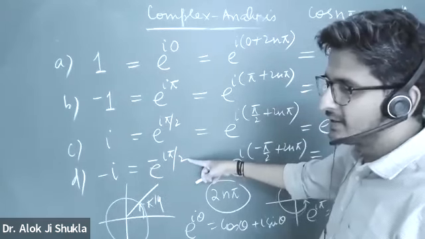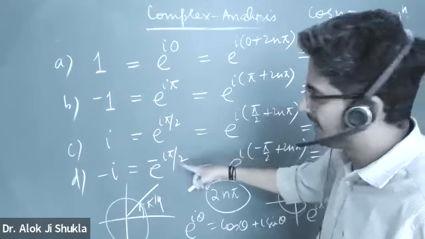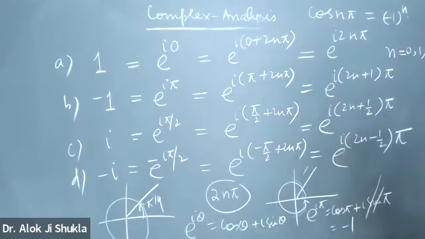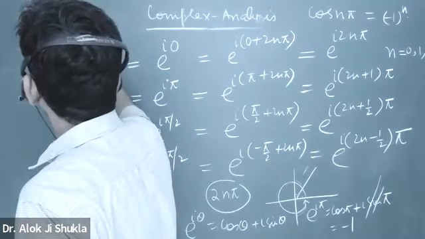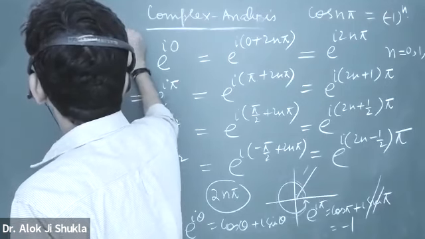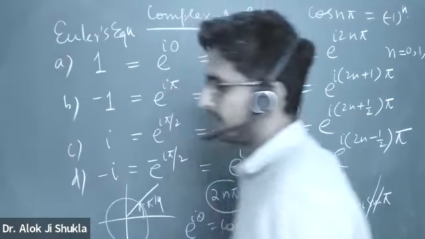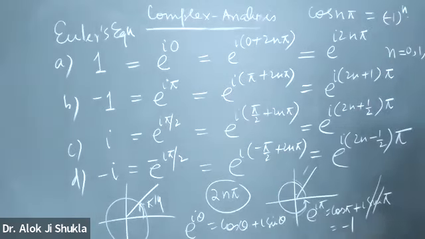Cos minus pi by 2 plus iota sin minus pi by 2 is minus iota. So this all is written using Euler's equation. Is that okay?